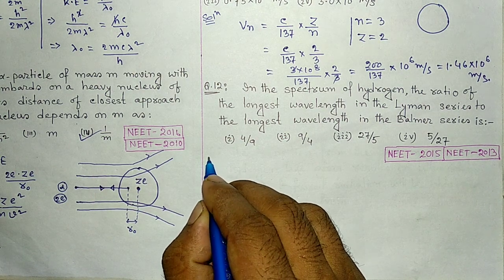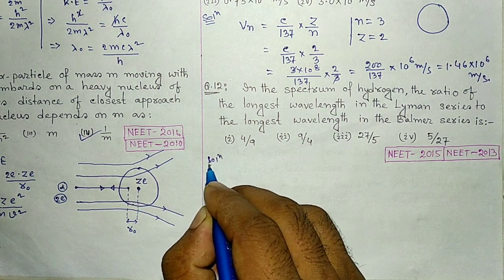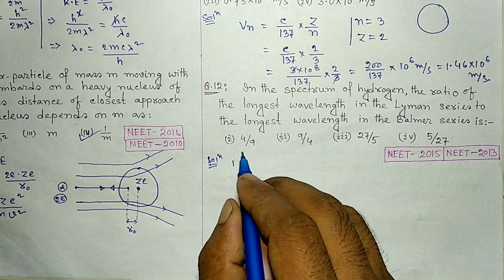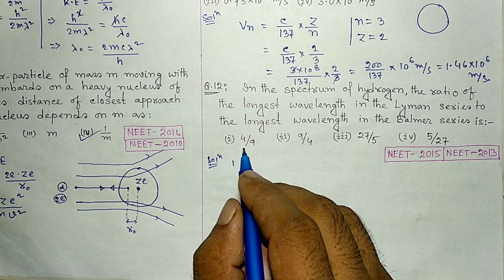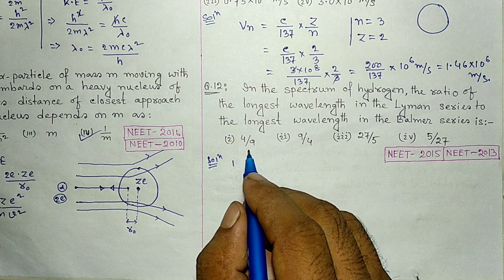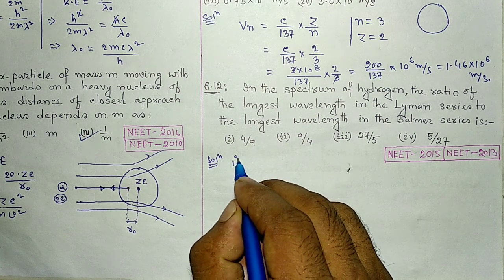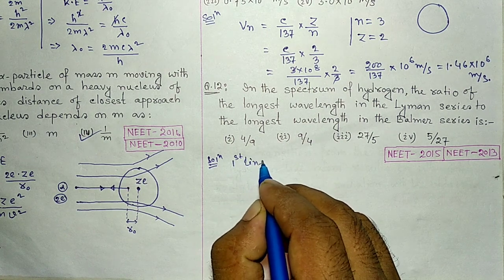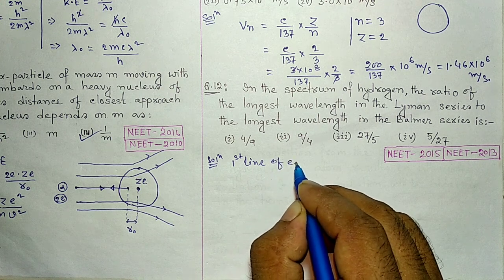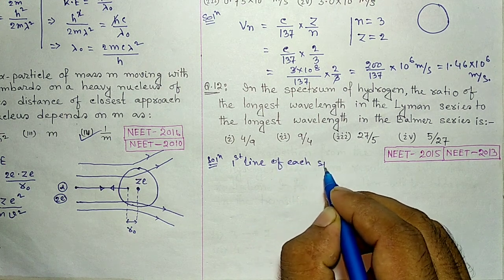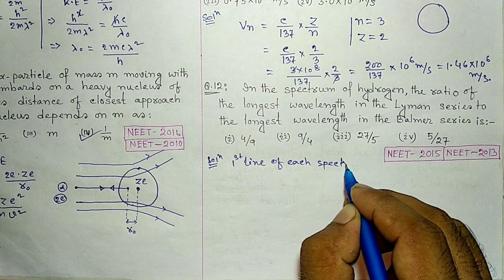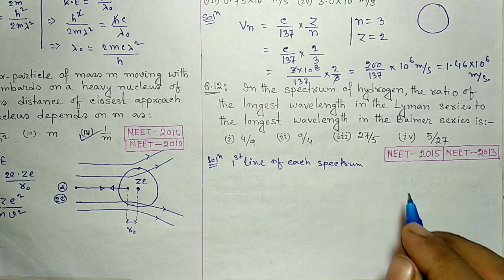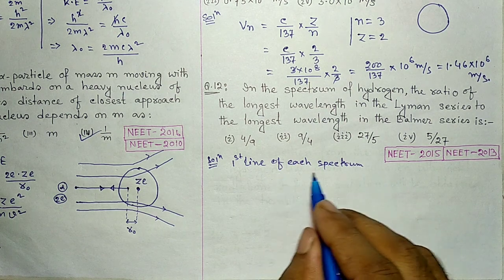In the solution, we know that the first line of each spectrum, that is Lyman, Balmer, Paschen, Brackett, has the longer wavelength.